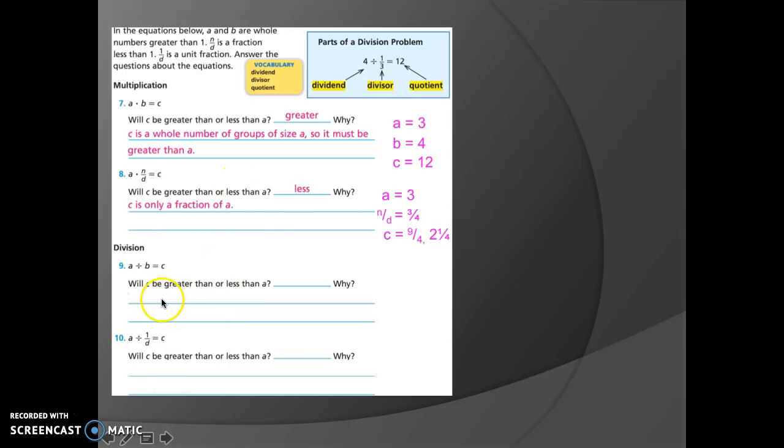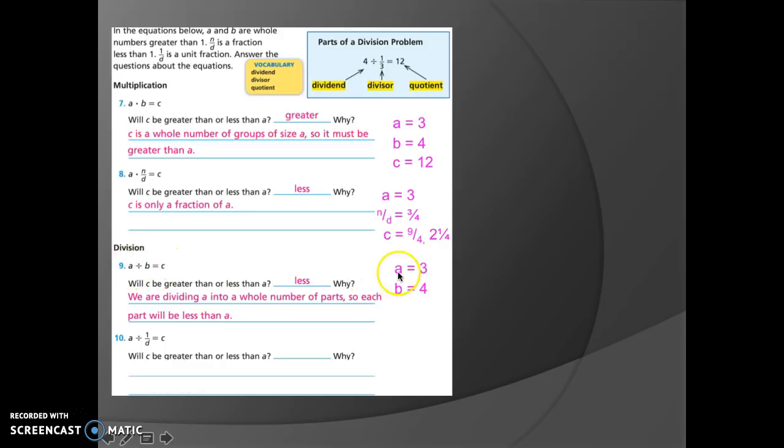So let's look at division now. If we have whole numbers here, will C be greater or less than A? C is going to be less than A. Why? Because we're dividing A into some parts. So each part is going to be smaller than what we started with.